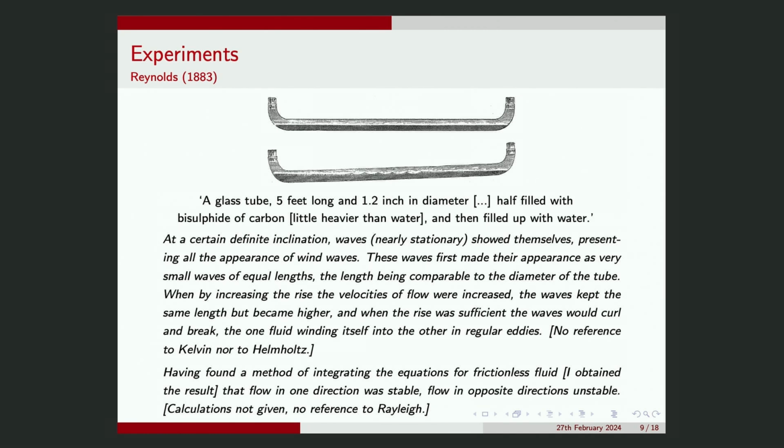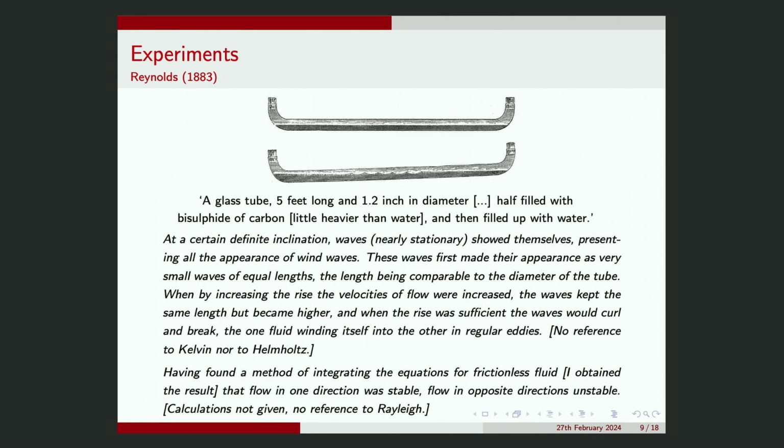And Reynolds says: at a certain definite inclination, waves nearly stationary showed themselves, presenting all the appearance of wind waves. These waves first made their appearance as very small waves of equal lengths, the lengths being comparable to the diameter of the tube.